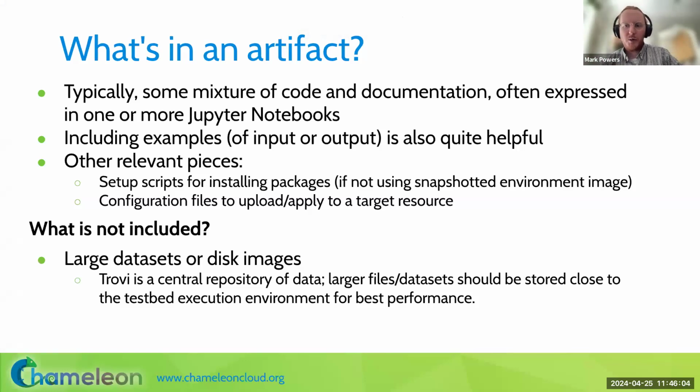Instead they're orchestrating those resources through SSH, as in the example I showed. So I'd like to recommend against including data sets in your artifact or disk images, and instead uploading those to the Chameleon object store and downloading them directly onto your node.